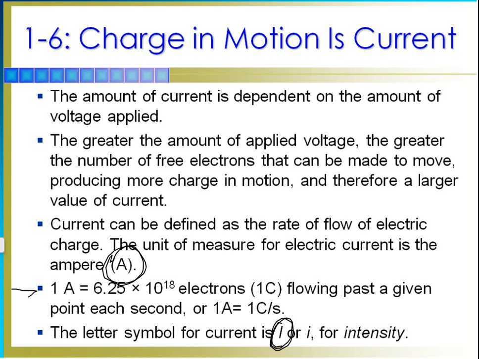You have 1 amp of current when you have 1 coulomb of charge flowing past a given point each second. So 1 amp equals 1 C per second. Or current is equal to charge over time in seconds.